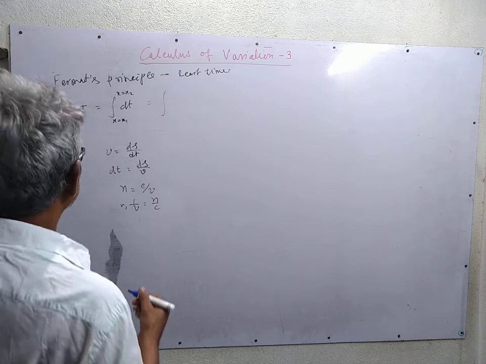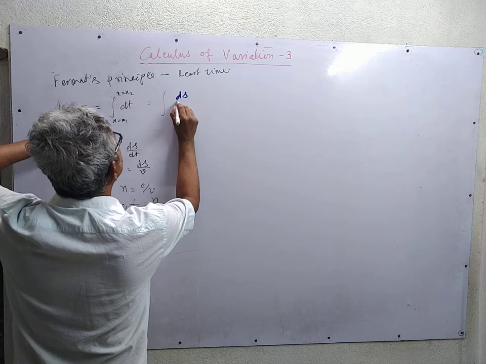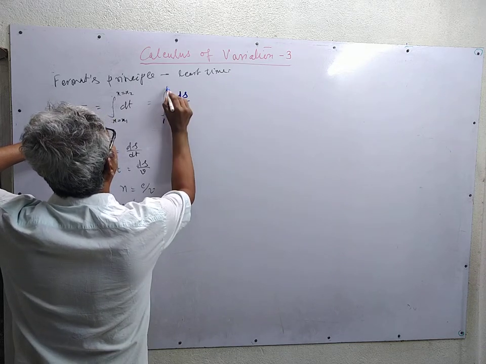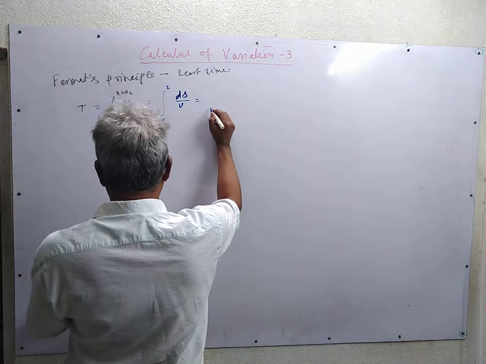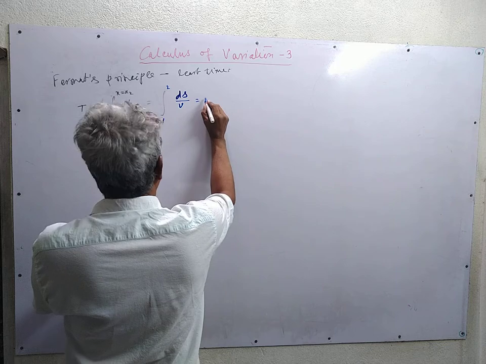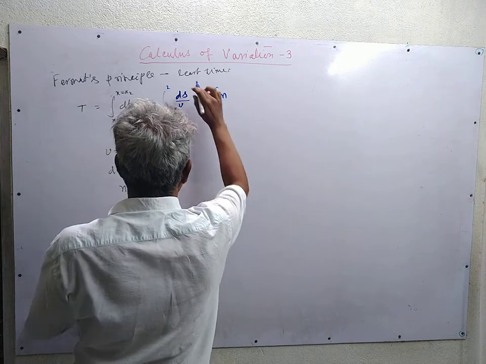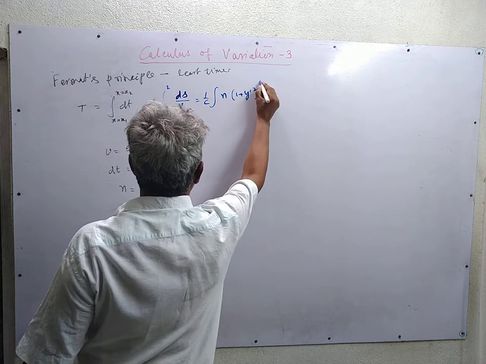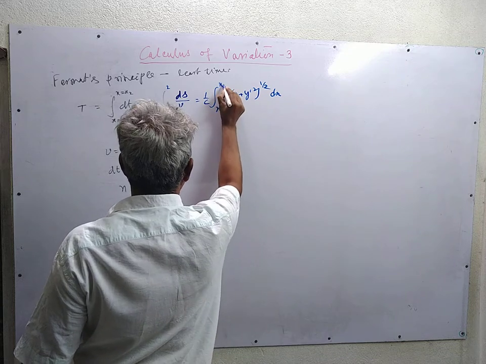So t is the integral of ds by v from point 1 to 2, and for 1 by v we write n by c, and for ds we write the square root of 1 plus y prime square dx, integrated from x1 to x2.